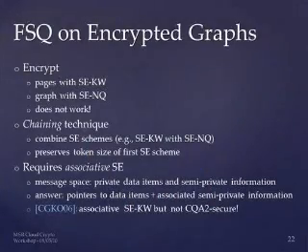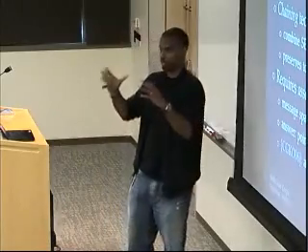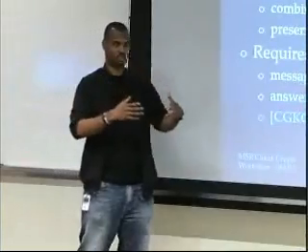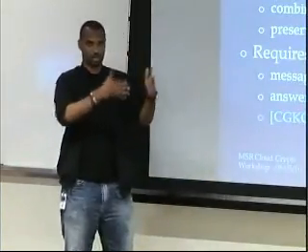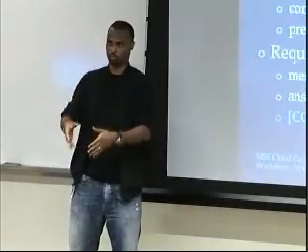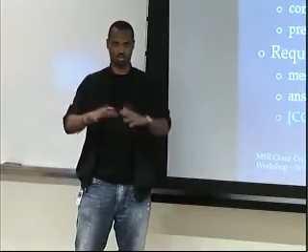So how can we encrypt web graphs so that we can do focused subgraph queries on them? One approach is to take this web graph and encrypt it with a structured encryption scheme that handles keyword searches, output a ciphertext, and then encrypt it with a structured encryption scheme that handles neighbor queries, output a second ciphertext, and the ciphertext is the combination of both.